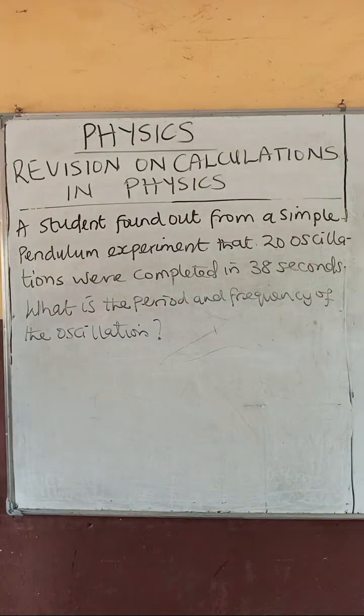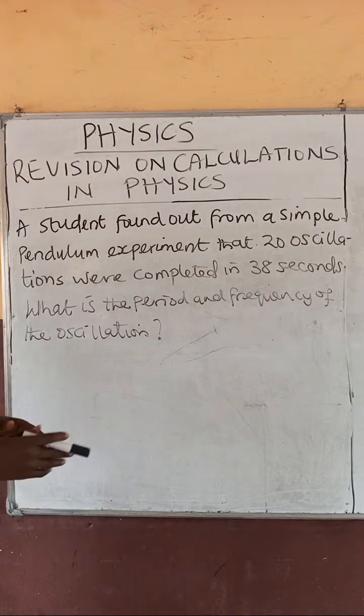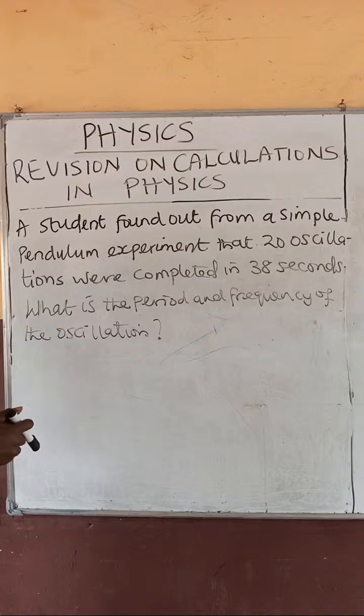All right. A student found out from a simple pendulum experiment that 20 oscillations were completed in 38 seconds. What is the period and frequency of the oscillation?